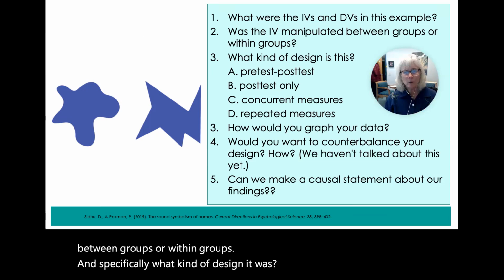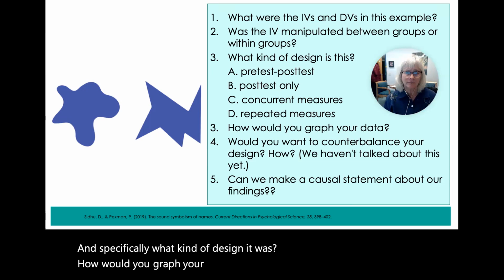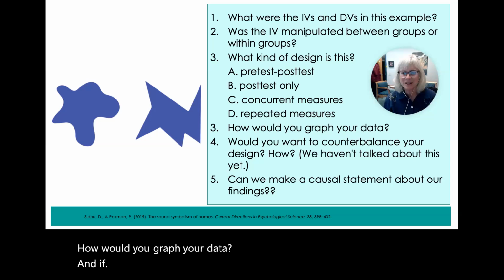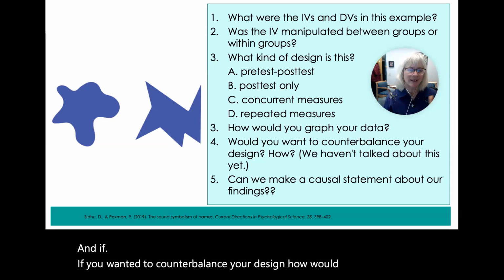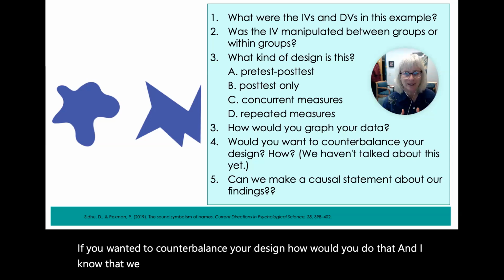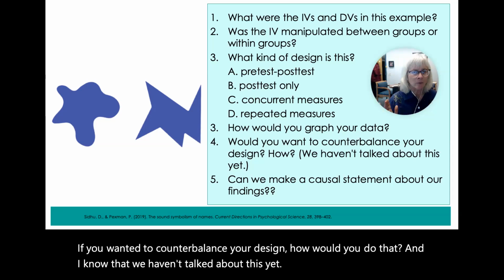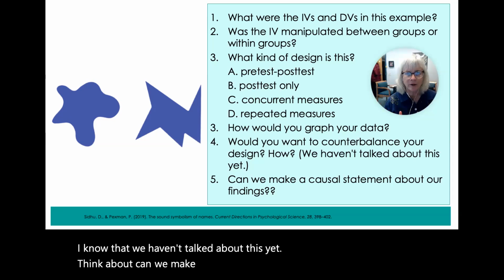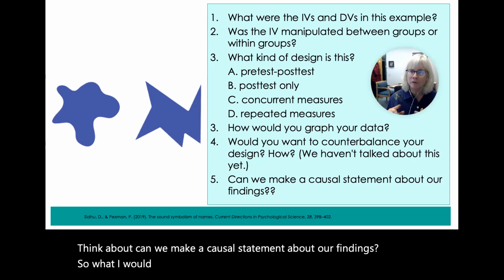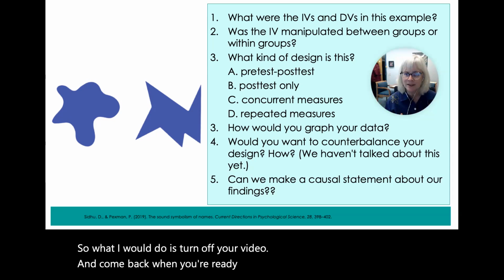How would you graph your data? And if you wanted to counterbalance your design, how would you do that? And I know that we haven't talked about this yet. Think about, can we make a causal statement about our findings? So what I would do is turn off your video and come back when you're ready to continue this discussion.